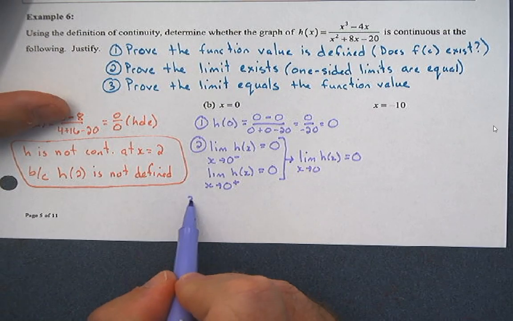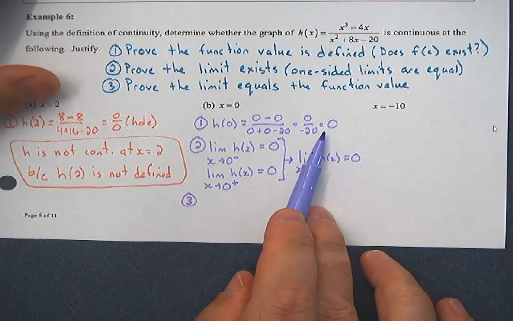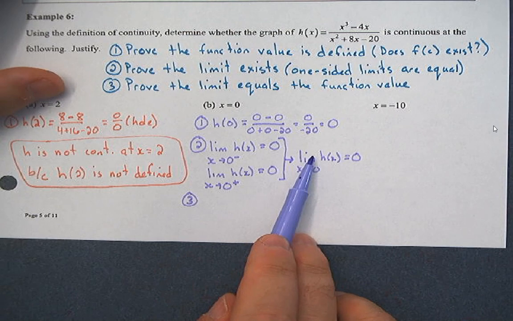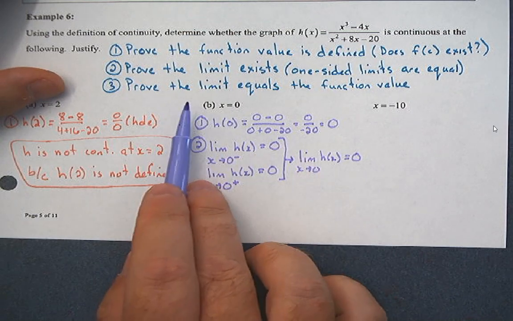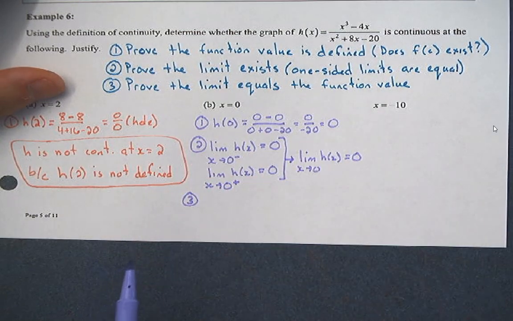All right, so we've shown that we have a point. We've shown that the limit exists. The last thing we have to show is that the limit and the function value are the same things.